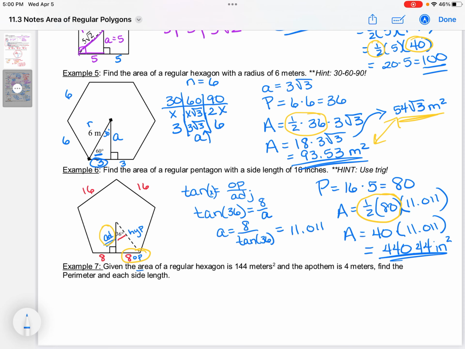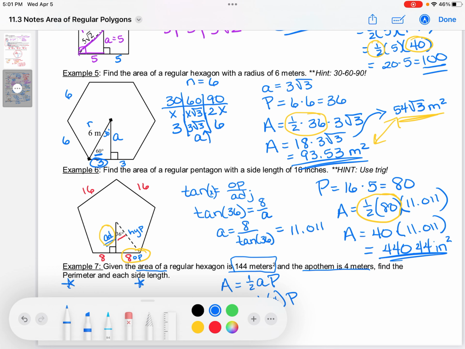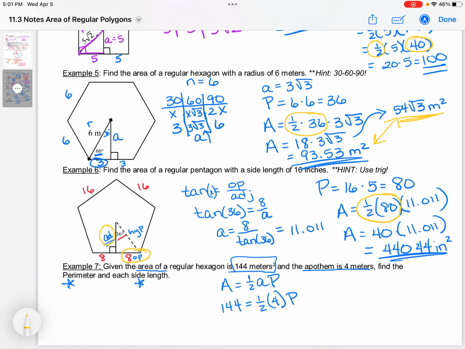All right, last one. Okay, so they gave it, oh, it's one of those working backwards ones. Here's the area. Here's the apothem. We want to find the perimeter and the side length. So we're using the formula we learned. There's only one. We're going to have 1/2 aP. So we have 144 equals 1/2 times 4 times the perimeter.